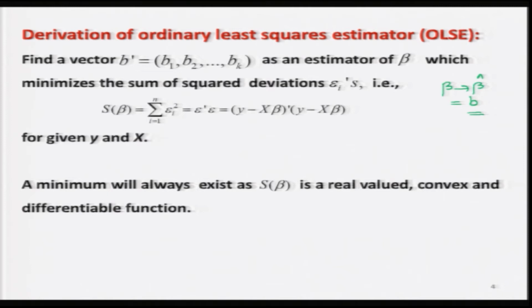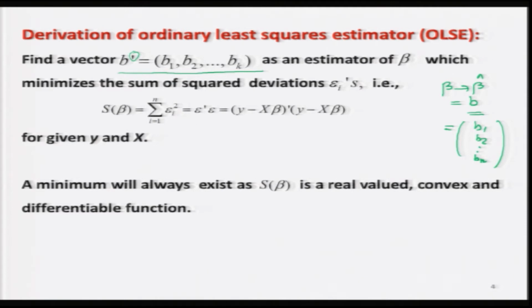So suppose the estimator of beta obtained by the method of least square estimation is denoted like this. I am using transpose because now I am writing it as a row vector. So essentially this b is something like b1, b2, bk. So I denote by b the k cross 1 vector of the ordinary least square estimators of beta 1, beta 2, beta k, which are in the form of a vector.